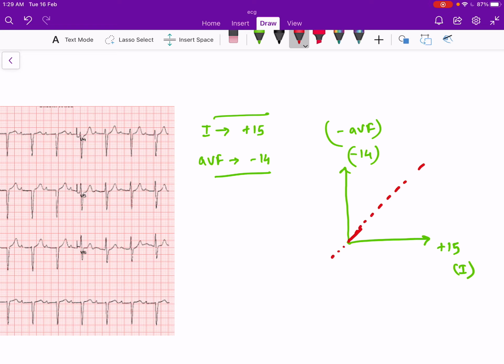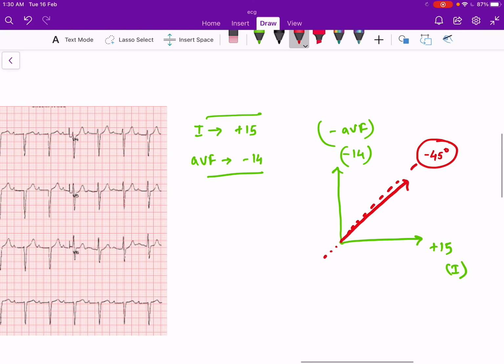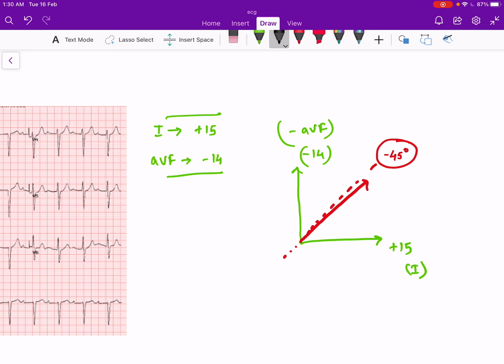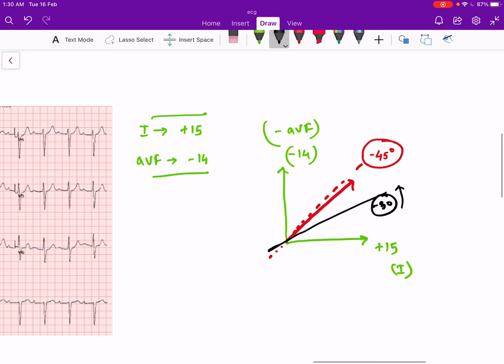So it will be somewhere here, almost near minus 45 degrees, as it is more negative than our minus 30. So it is a case of left axis deviation.